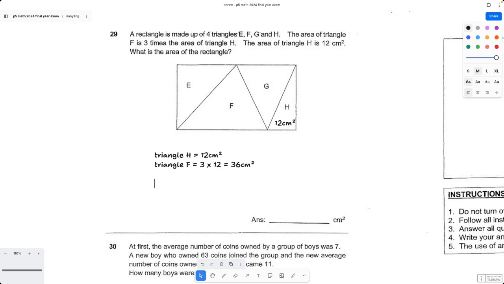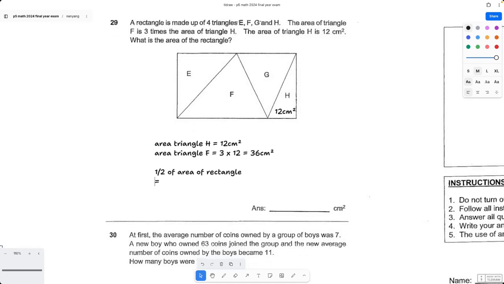What I'm gonna say is that half of the area of the rectangle is equal to the area of triangle H plus the area of triangle F, which in this case is 12 plus 36, which is equal to 48 centimeter square.